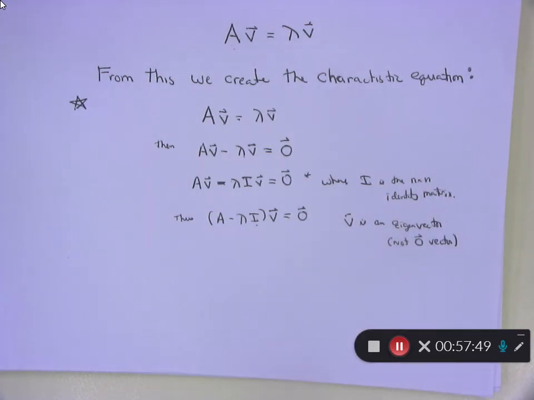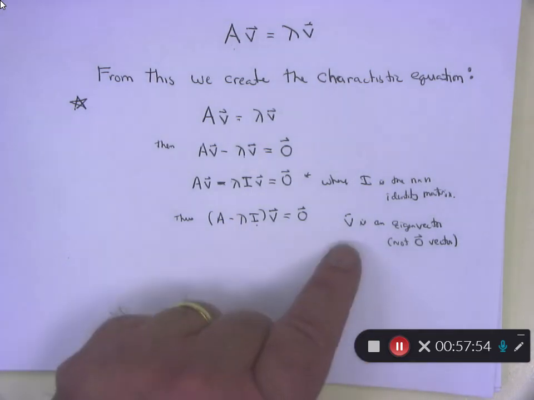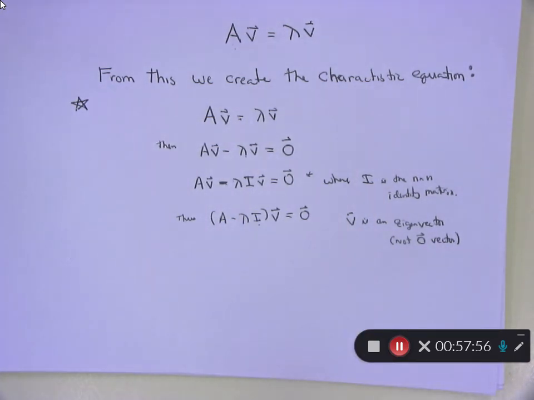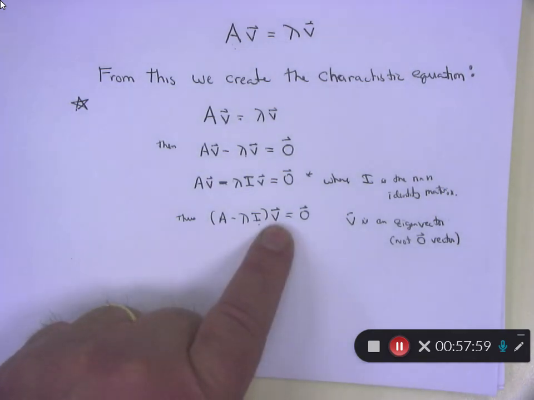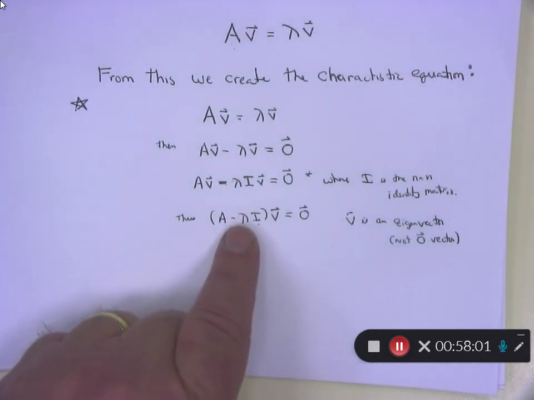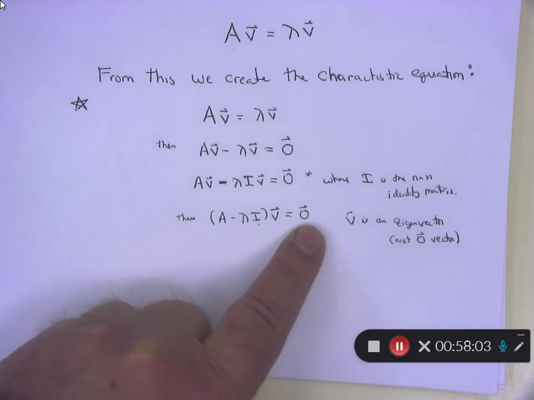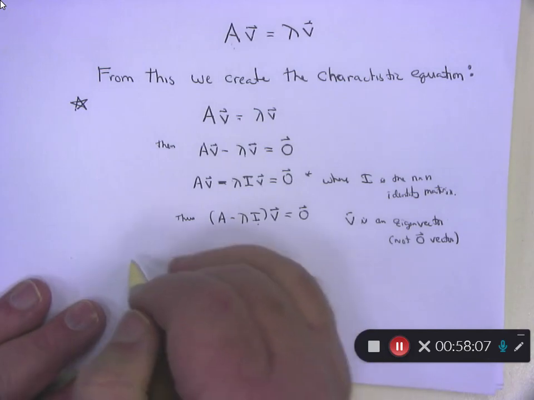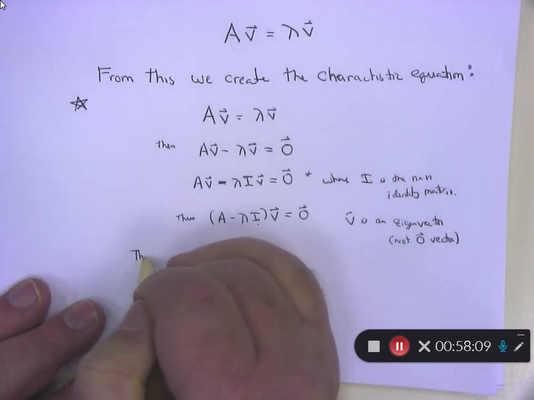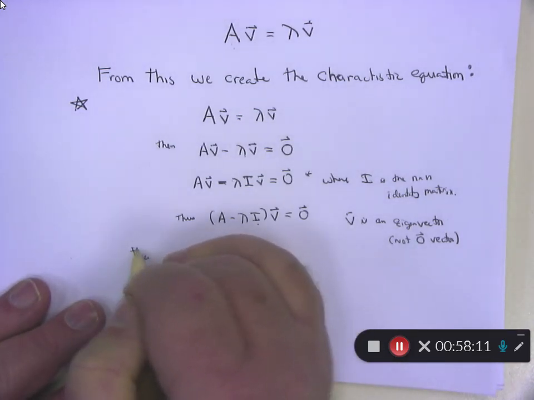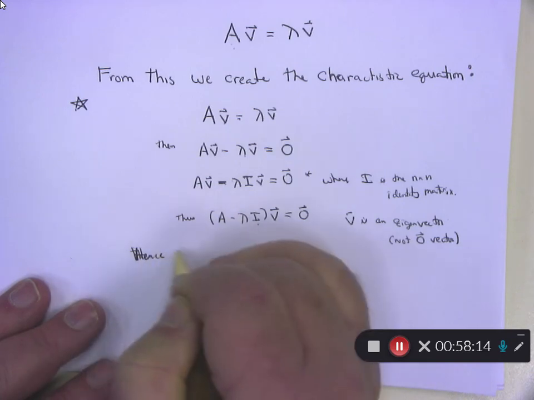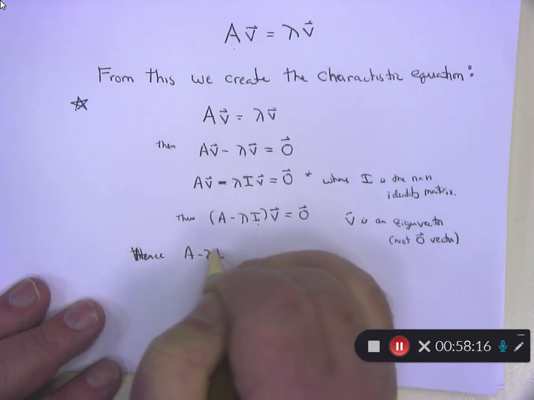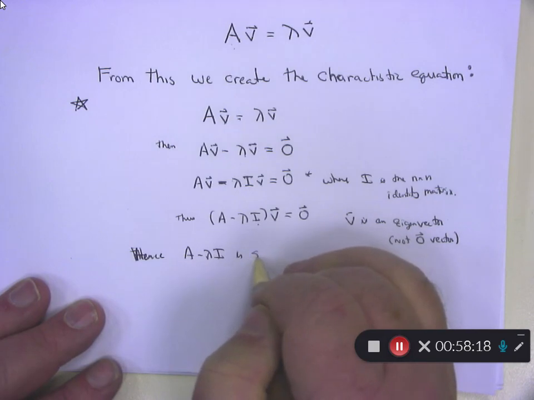Yes, you can have lambda equals 0 as an eigenvalue, but still, what I want is the vector not to be the 0 vector. So if this is not 0, but when I multiply it times this matrix and I get 0, that's going to enforce that this matrix here, A minus lambda I, is singular.